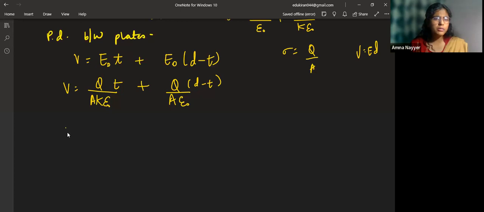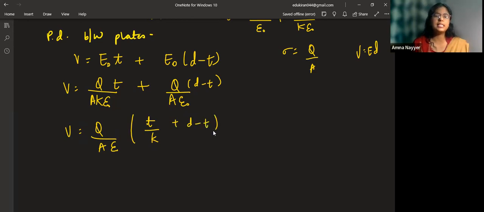One thing we can take common, because this is becoming very huge, at least we can take Q by A epsilon naught as common. What is left? T divided by K, and from here plus D minus T is left.